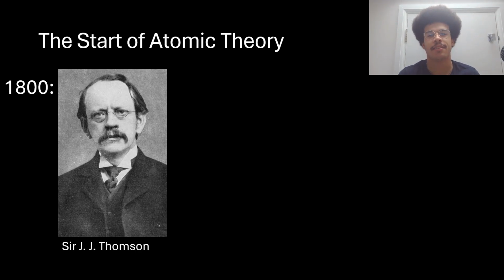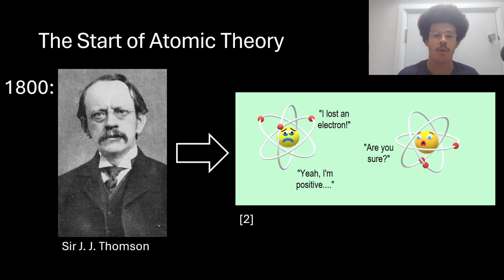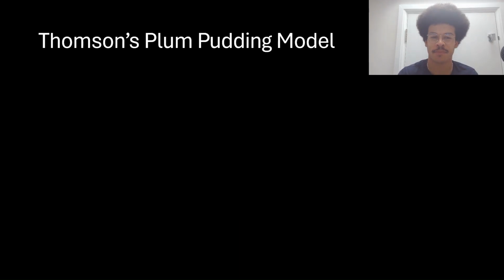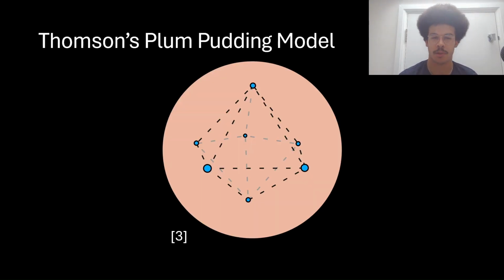And so in the 1800s, Sir J.J. Thomson would develop one of the first atomic models, believing that atoms are the fundamental building blocks of the universe. And so he called his model the plum pudding model.